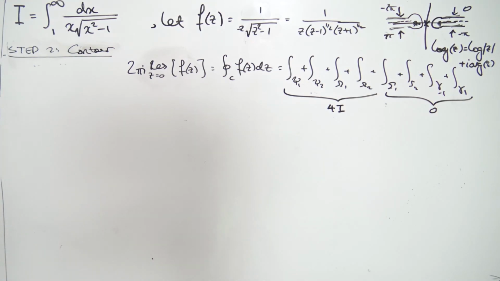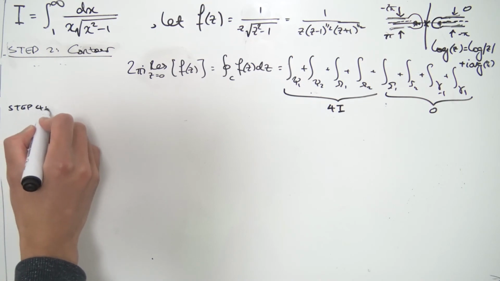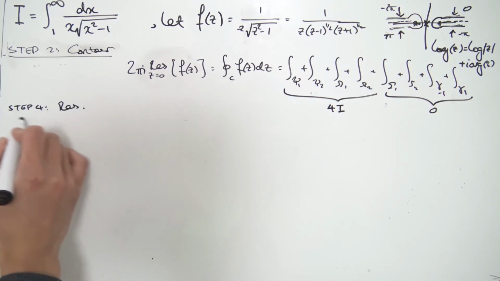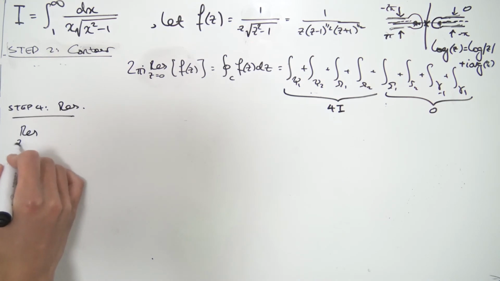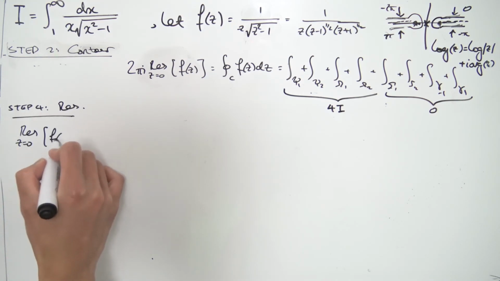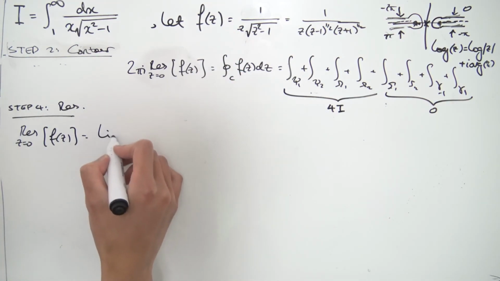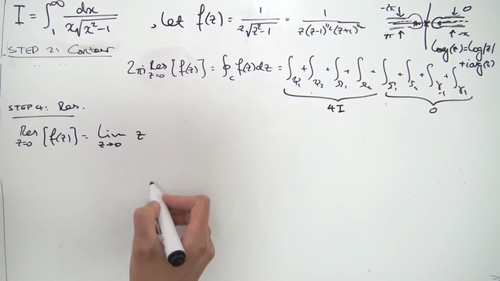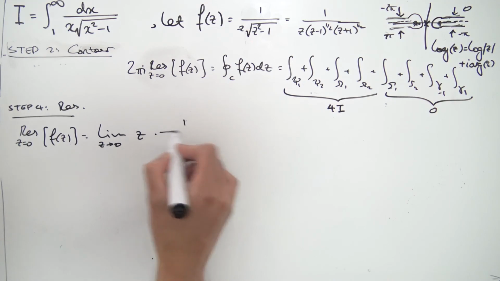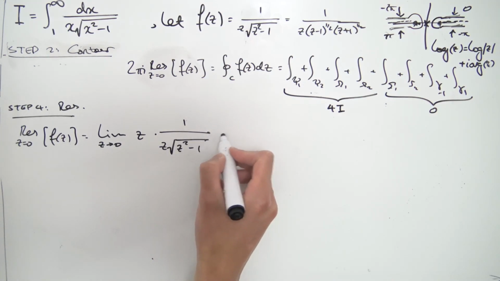Okay, so the last thing is, I think this is step 4 now, which is the residue at z equals 0. So we have the residue at z equals 0 of f of z. What is that? This is a simple pole because this is z to the first power. So using the formula, it's the limit as z approaches 0 of z minus 0, which is z, times the function, which is 1 over z square root of z squared minus 1.